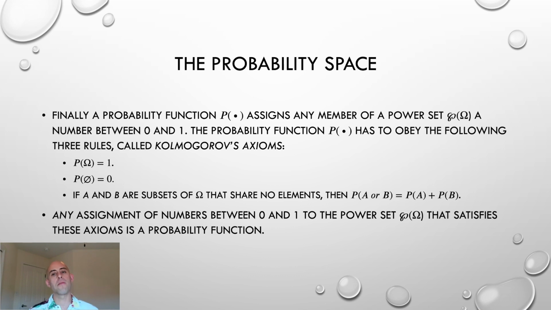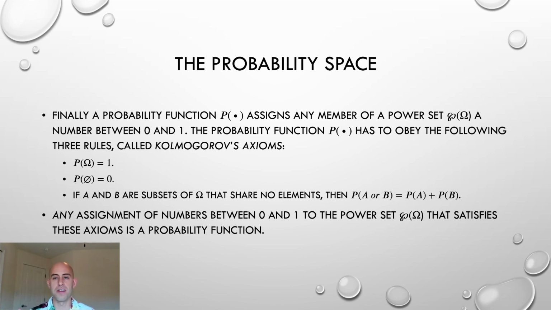And in order to be a probability function, it has to obey the following 3 rules, and these are Kolmogorov's axioms. First, the probability of the full set omega, which recall is an element of its power set, has to be 1, right? And this makes sense if you think about omega as the set of all possible outcomes of some process. Well, if it's the set of all possibilities, then one of them has to occur, right?